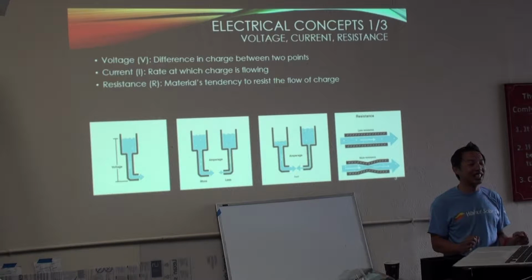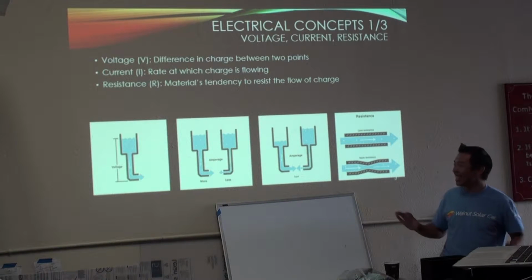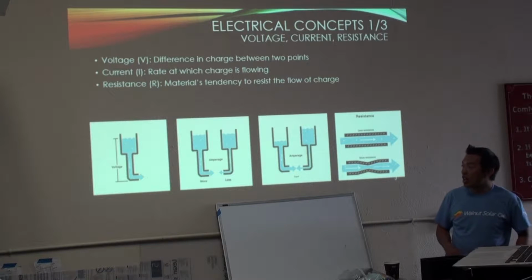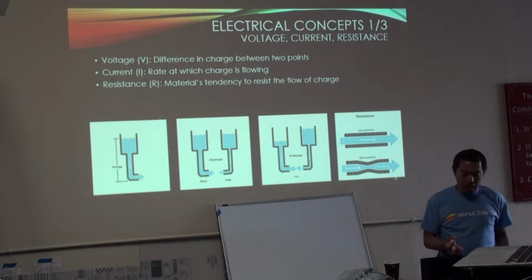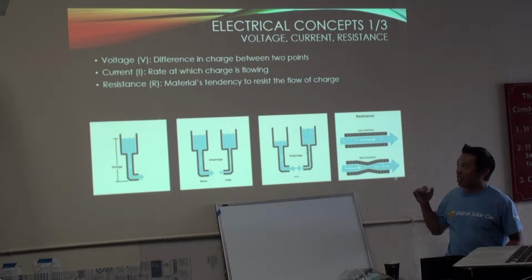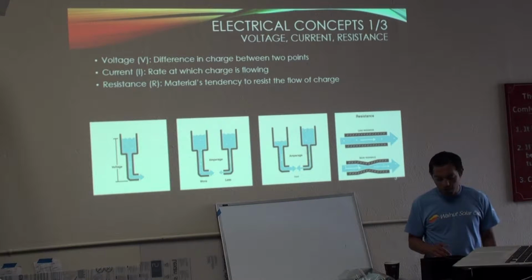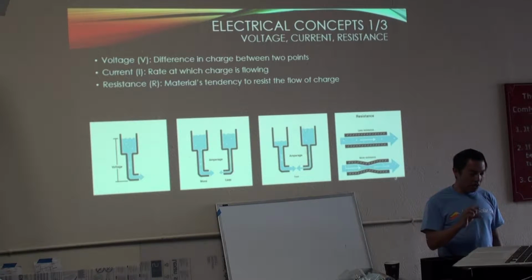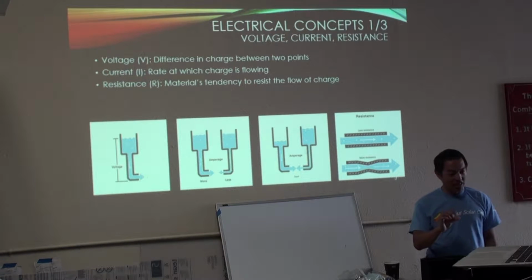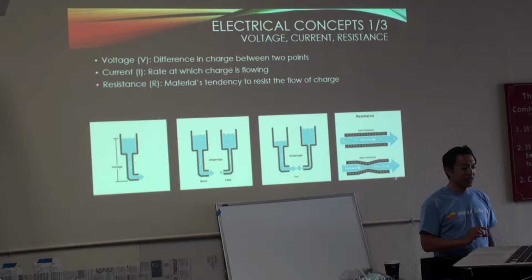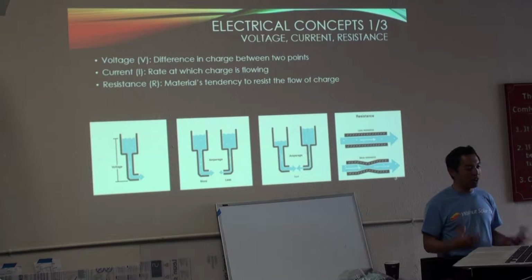Okay? I stole these graphics, I didn't make them, and I really hate the term amperage as compared to current, but setting that aside. Current is basically the flow of that charge, so in terms of water, it's the flow of water. If you have a wider hose versus a thinner hose, which would get you more water flow?